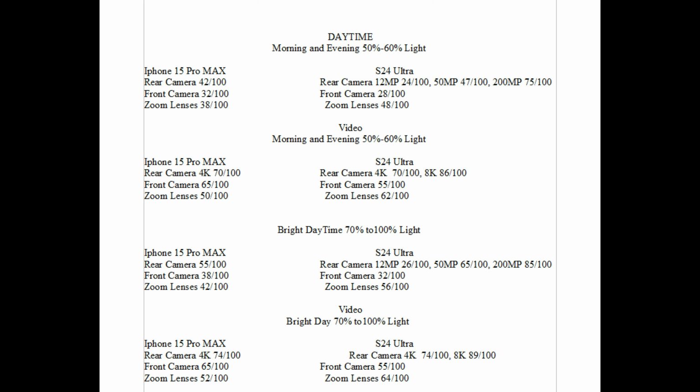In my scoring for daytime, when there is sufficient light level 50 to 60%, that's when the S24 Ultra takes a big leap from the iPhone when it comes to photo as well as video.